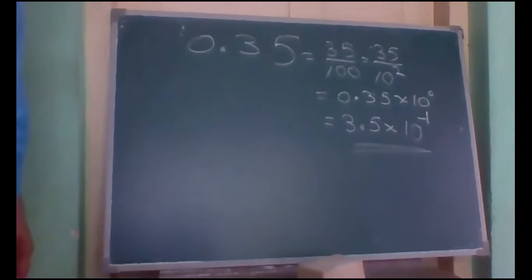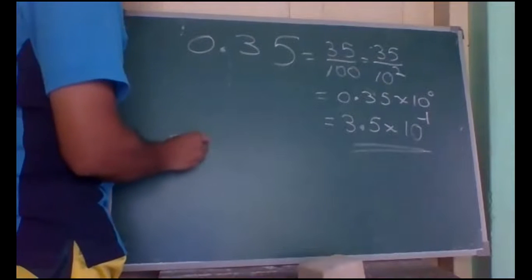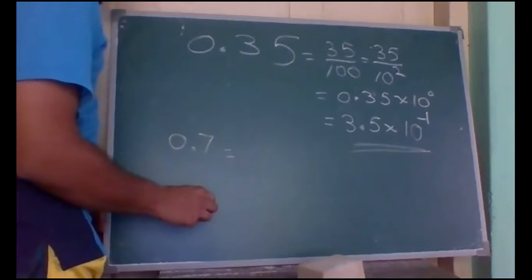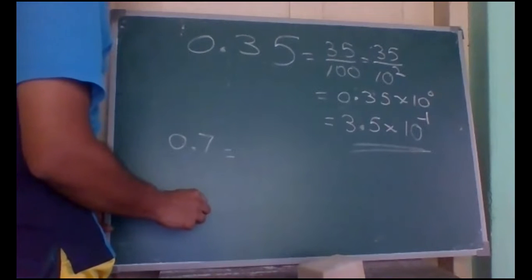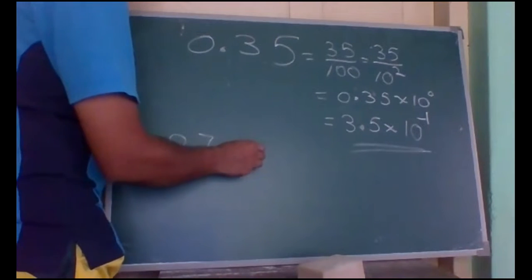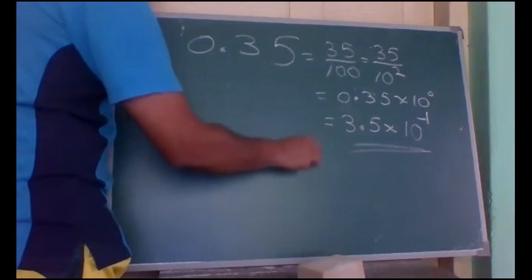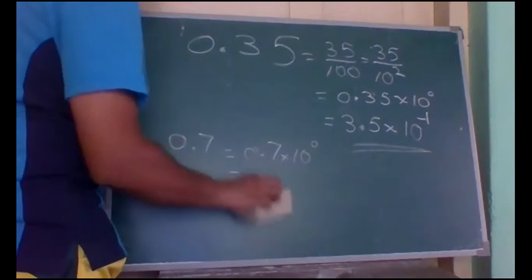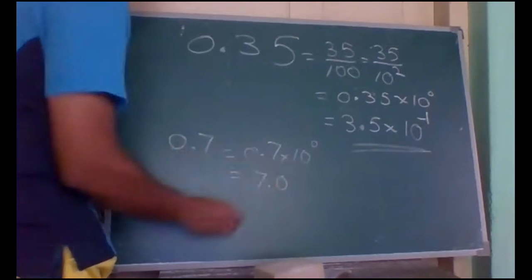Understand it? Yes. Right. So if you have any other example like 0.7, how to write it? Same thing, no? You can write it as 0.7 into 10 to the power 0. That is equal to 0.7. That one goes here as 7.0, no?